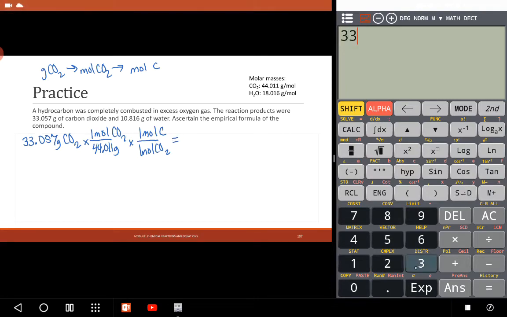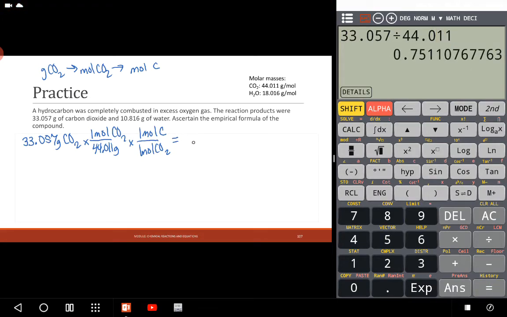And so this is 33.057 divided by 44.011, and that gives me 0.751107 moles of carbon. Now I can do the same for the water. 10.816 grams of water divided by 18.016 grams gets me into moles of water.